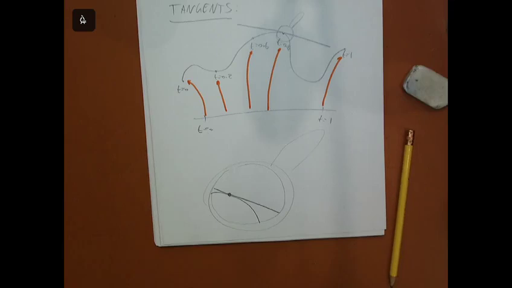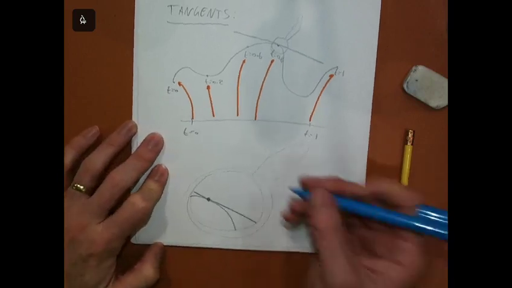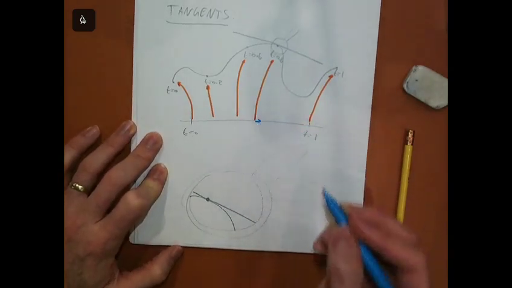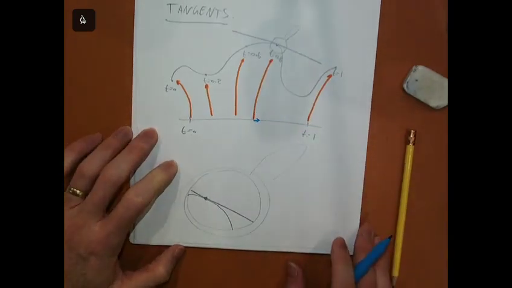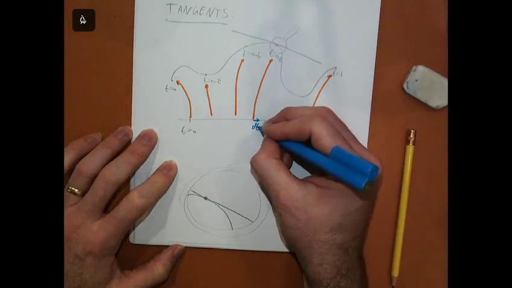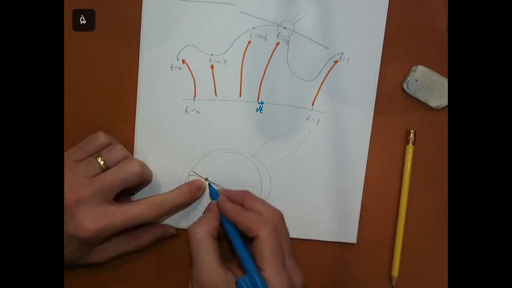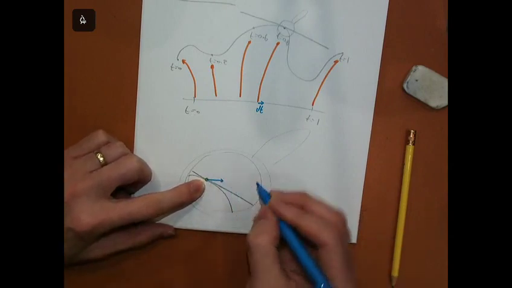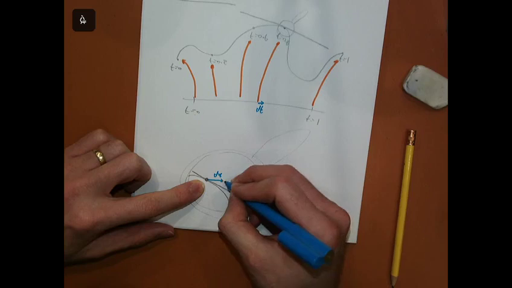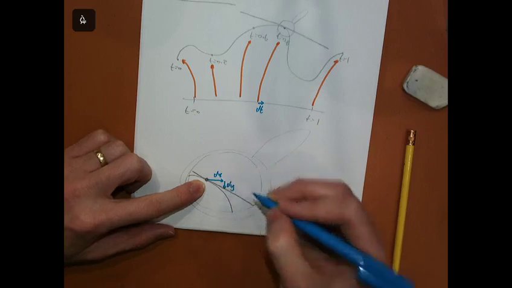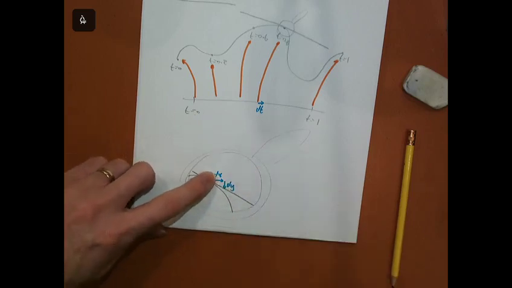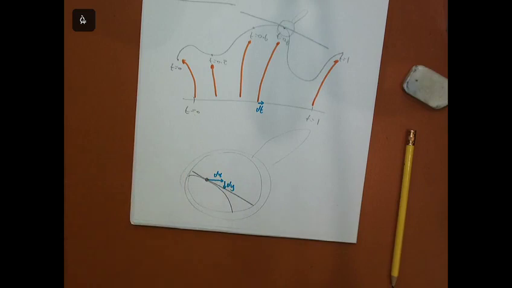What's happening is that when t moves by a little bit, a little tiny movement of t, that's going to cause this point to move by a little bit, a little bit in the x direction and a little bit in the y direction. And dy divided by dx is going to be the slope of that line.